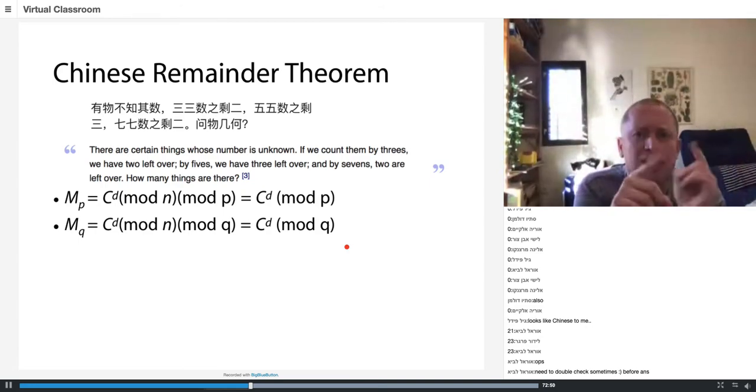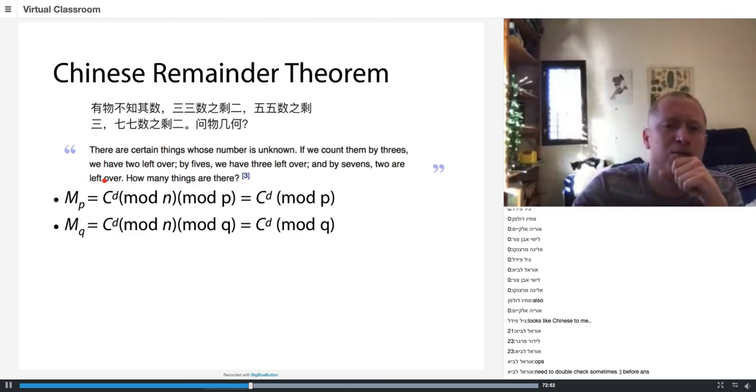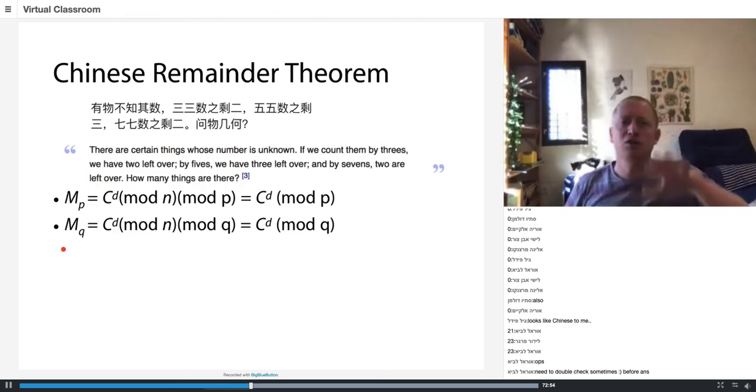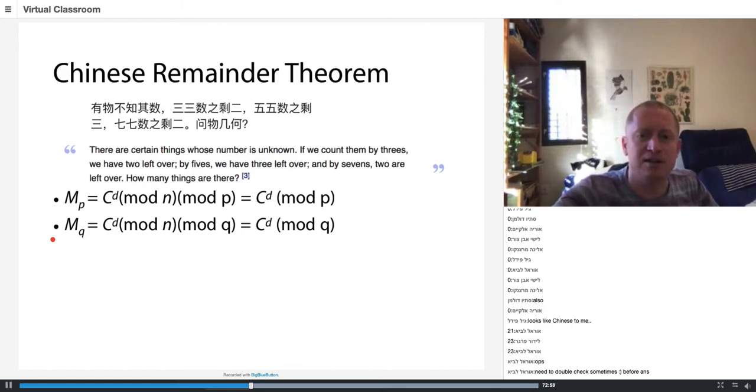It took me 1/4 of the time to calculate m sub p and m sub q. So in total, I paid 1/4 of the time to get this, and 1/4 of the time to get this. Great. And by the Chinese remainder theorem, I know that there is a unique m such that m modulo p is m sub p, and m modulo q is m sub q.